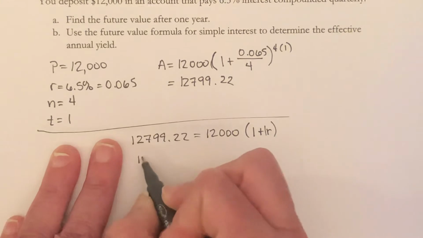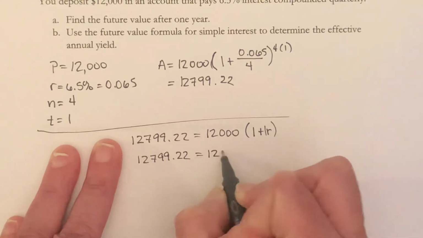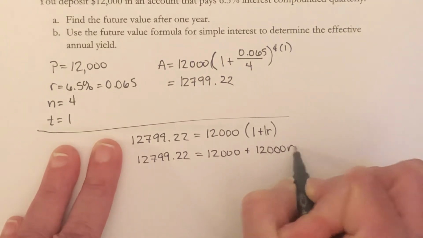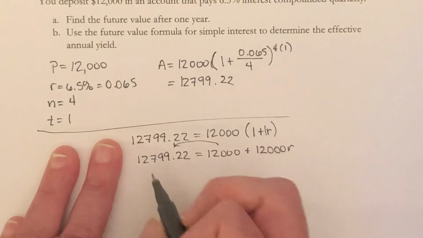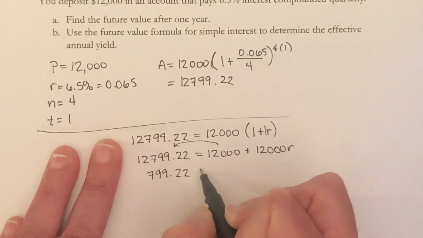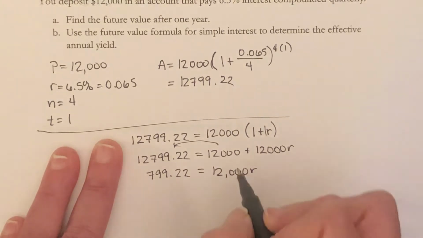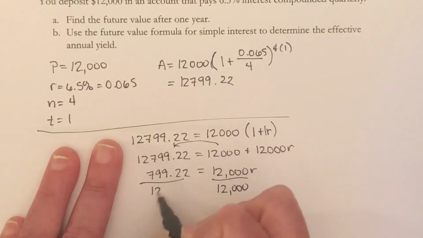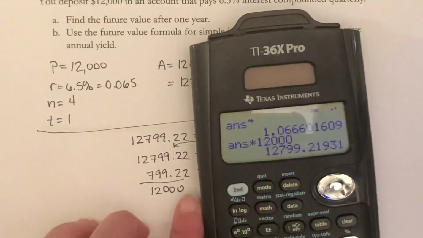I'm going to distribute. Subtract 12,000 from each side, and you get $799.22 is equal to 12,000 R. Divide both sides by 12,000. And let's see what we get.